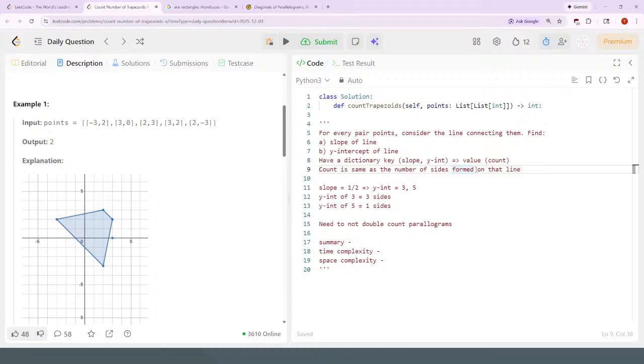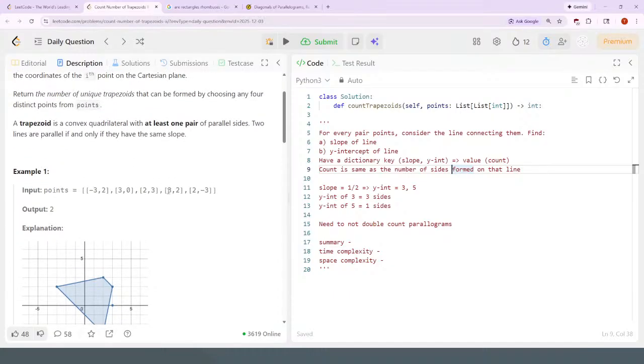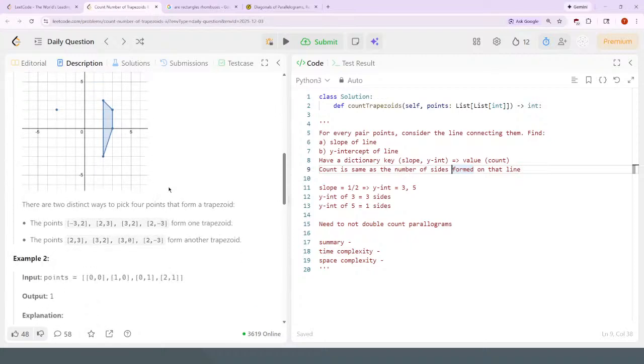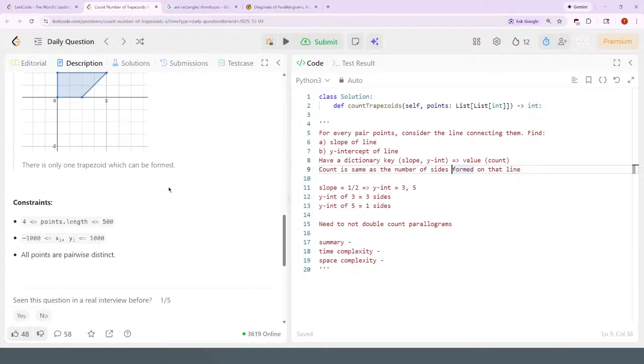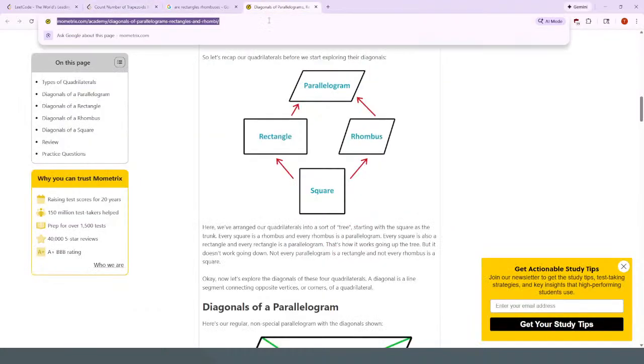Is there a way to... Am I just going to have to register it? Alright, let's go ahead and do some math here. 500 choose 4 is the maximum number of things here.